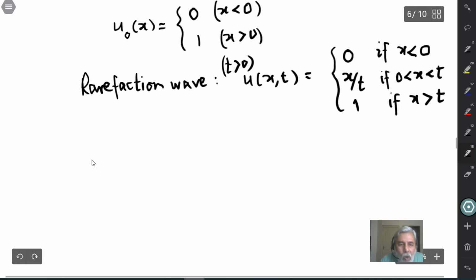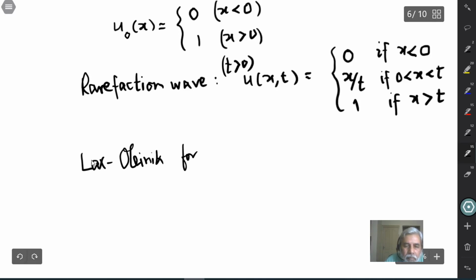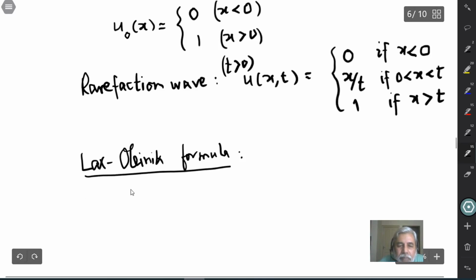Let's see now the Lax-Volinic formula. Since the function defined by the Lax-Volinic formula automatically satisfies the entropy condition, we should get back this rarefaction wave.